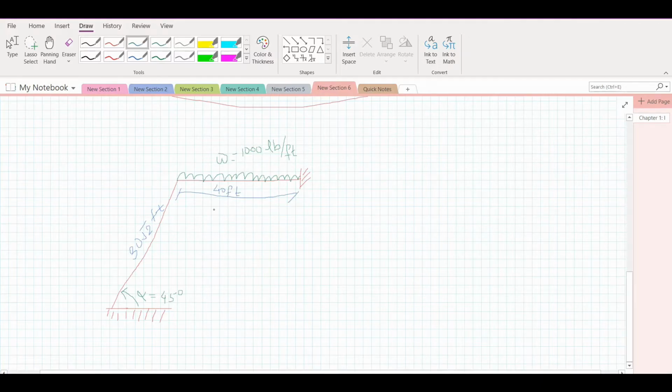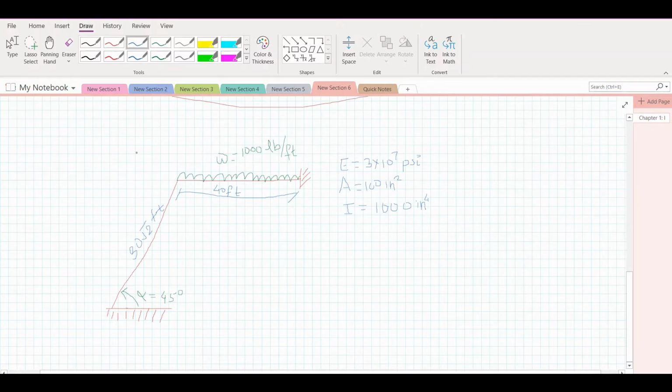We are given the elastic modulus as 3 into 10 to the power 7 psi, pounds per square inch, area as 100 inch square, and moment of inertia for both of these elements as 1000 inch to the power 4.